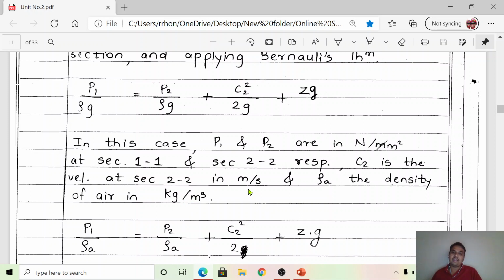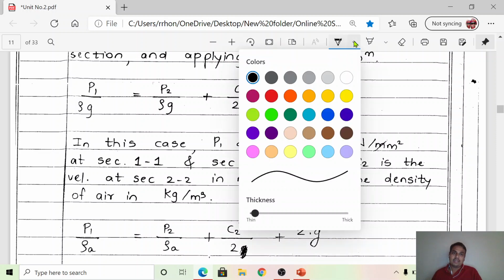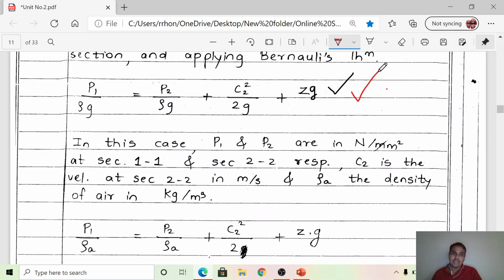So along with these considerations, we are going to rewrite this equation. This is very important. The g is there, so 1 by g, here also 1 by g is common, so this g and this 1 by g will get cancelled to each other.